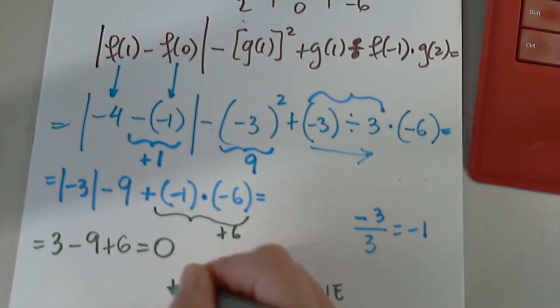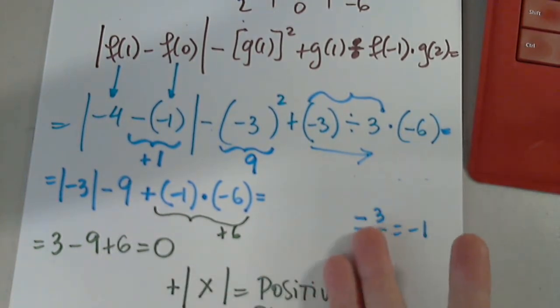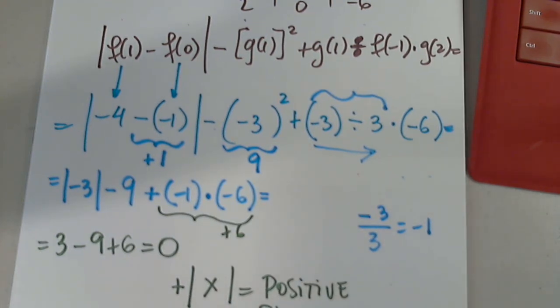Here I had plus. But negative 3 in absolute value is 3, but with minus in front would be negative 3. But other than that, if there is positive in front of an absolute value, the answer will always be positive. Any questions?